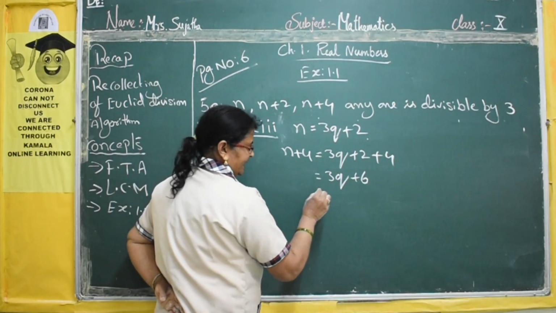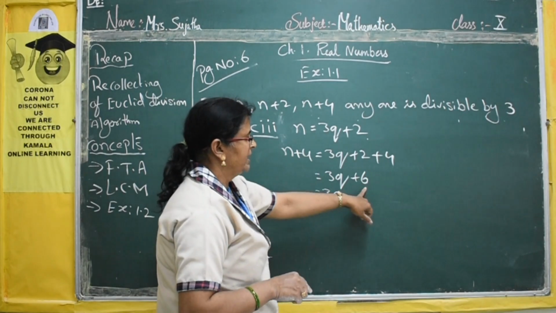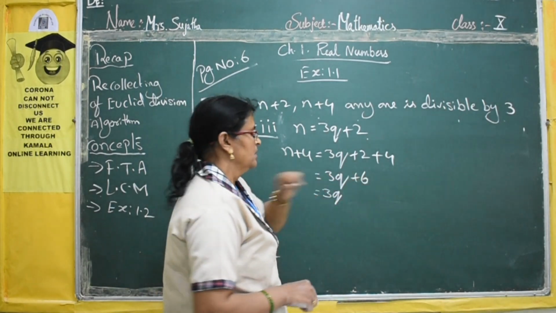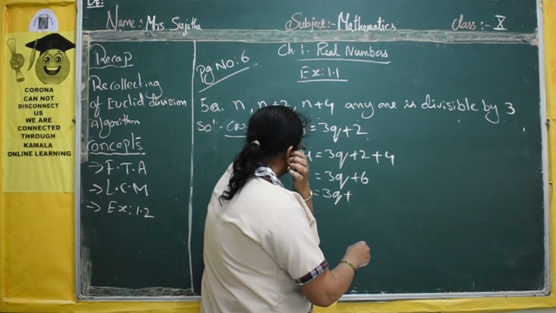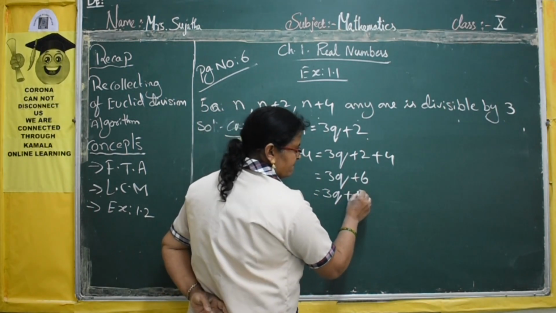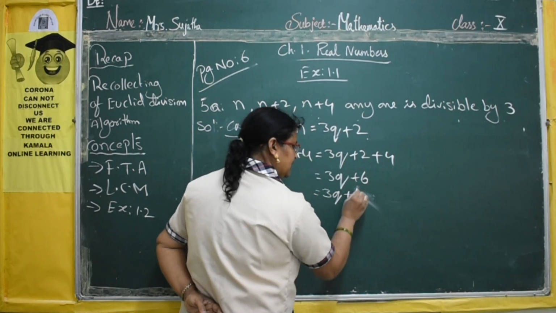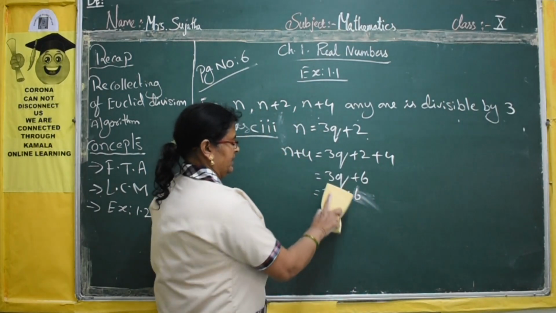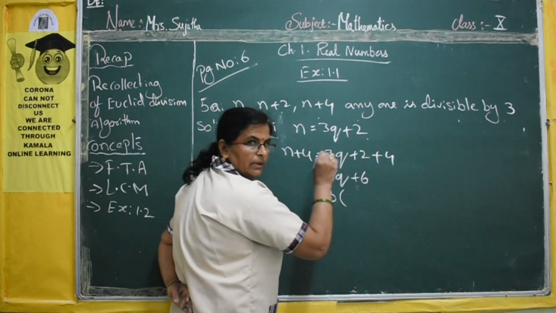So this you can write as 3q, but you have to show that remainder 0. Here 6, it should not be like that. So how can we divide this 6? We can take common like this. 3 you can take common.